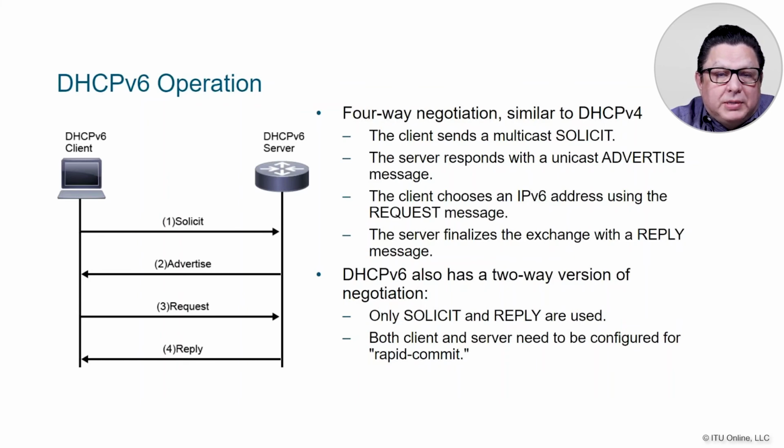With the rapid commit, it's just need an IP, take your IP. Next. If you use the four-way negotiation, some find it more secure, some find that with the advertise, we can shape things, we can have more detailed configuration. But if the purpose is to get an IP, rapid commit is more efficient, much faster.